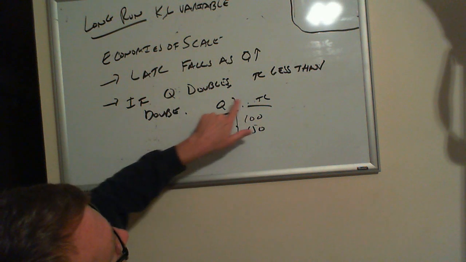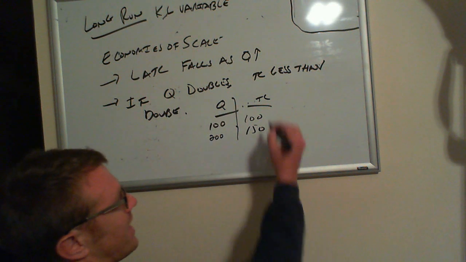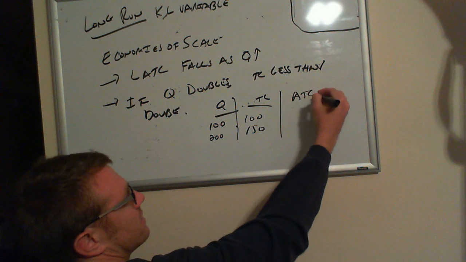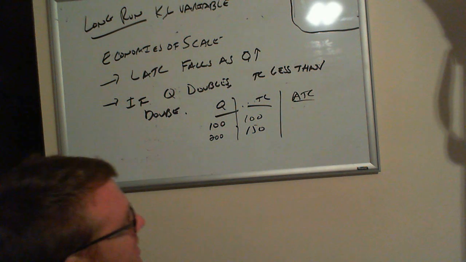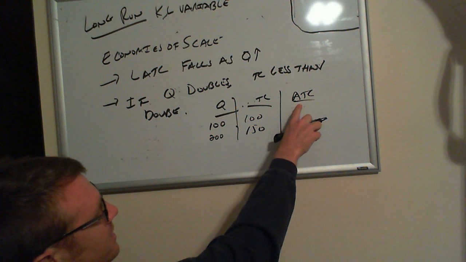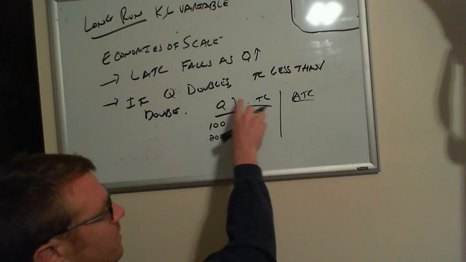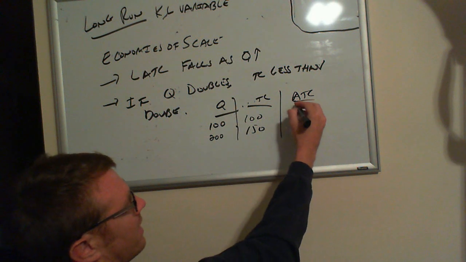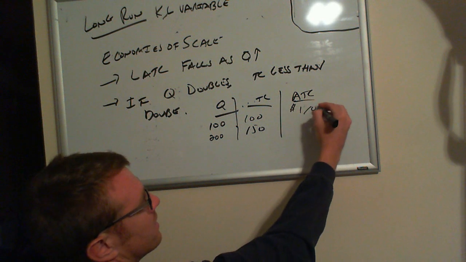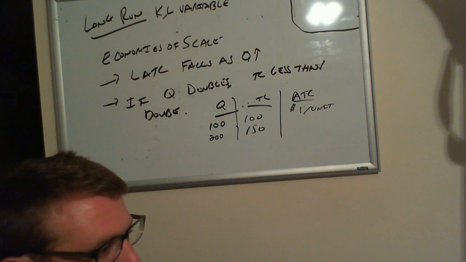So down here we have Q and total cost. The reason why I had to make that distinction is what's average total cost here? Total cost divided by Q, 100 over 100, cost us $1 per unit to make that good.